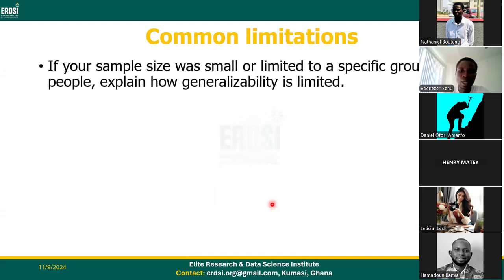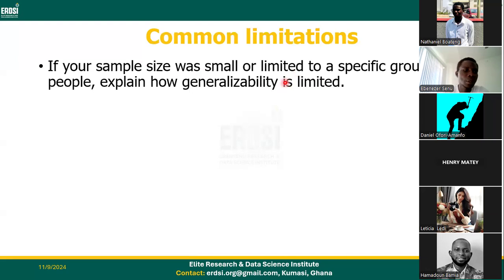Common limitations are sometimes due to money. In most developing countries, because of money, they cannot even buy reagents to carry out their experiment. So instead of using 100 samples, they end up using 10. In that case, you acknowledge that yes, the sample size was inadequate, which might limit the generalization of the data.